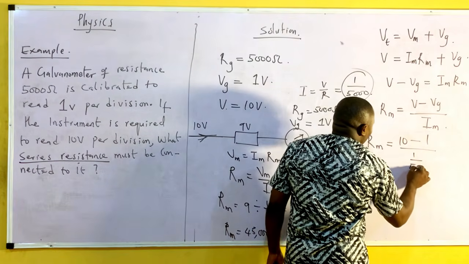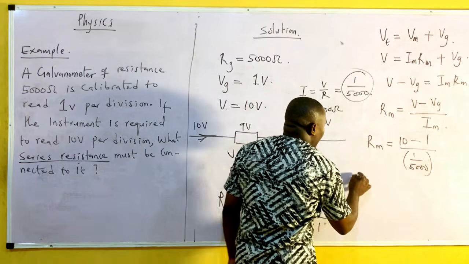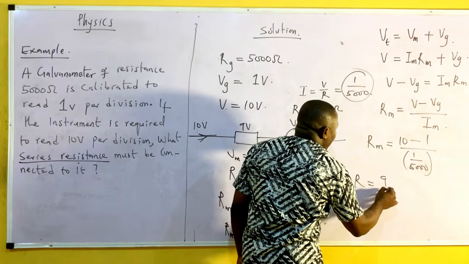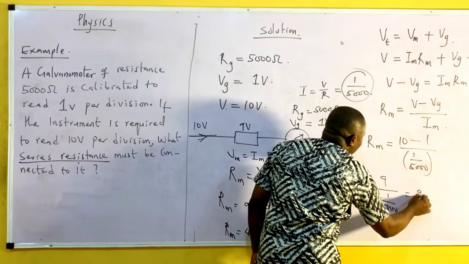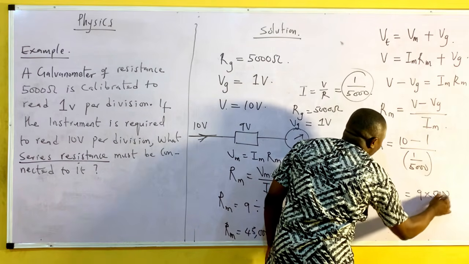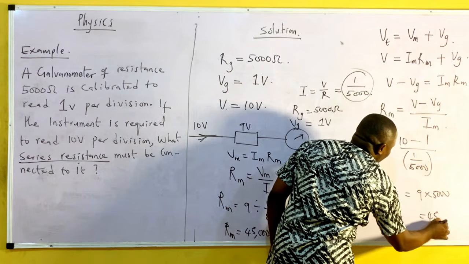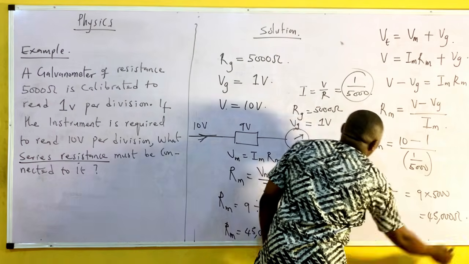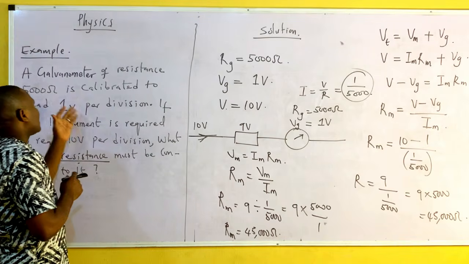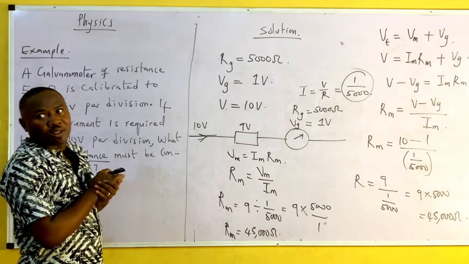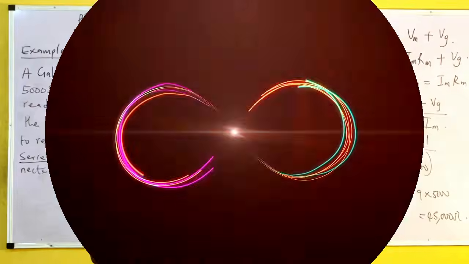So R is 9 divided by 1 over 5,000, which is 9 times 5,000. The answer is 45,000 ohms. So you see that's how this is solved, converting a galvanometer to a voltmeter. Thank you.